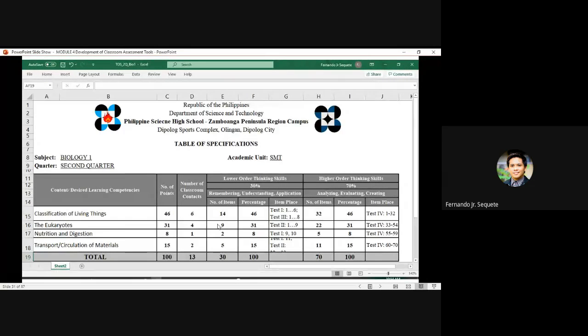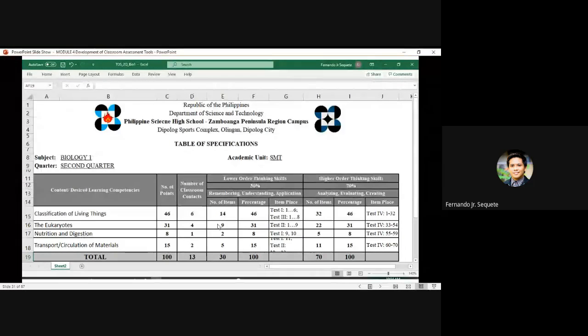Although they are not part of DepEd, they belong to DOST. They belong to Department of Science and Technology, Philippine Science High School System, the DOST PSHS. But still, they are using table of specifications. Now, their argument why they are still using TOS, even though hindi sila kasama sa DepEd, is that their teachers are not trained to be public school teachers, no?